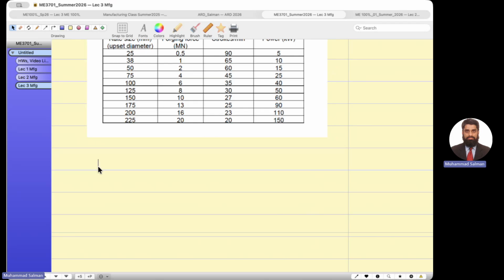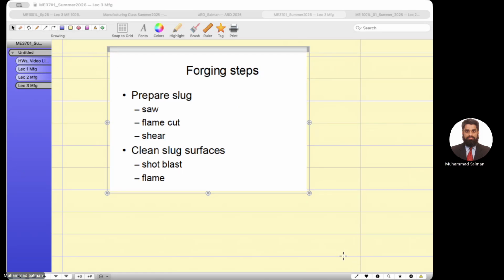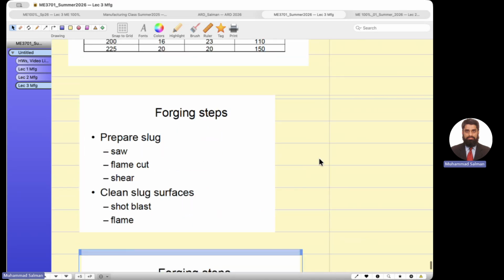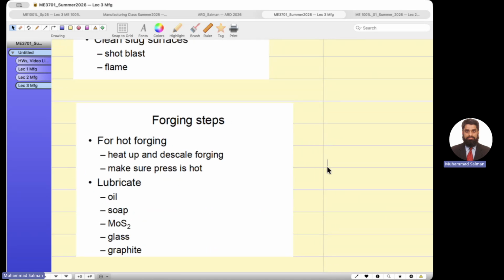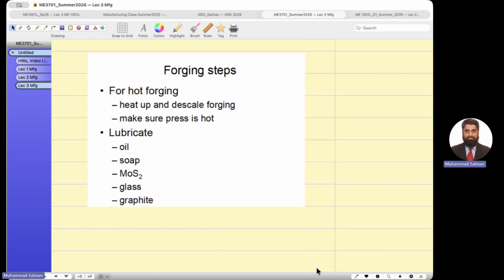So what are the forging steps? First, you prepare the slug. The slug is the material being forged. You either saw it, flame cut it, or shear it, and clean the slug surfaces, with shot blast or flame. You clean it off, and then you put it into the press. After you prepare the slug, you bring it into the die, open die or closed die. For hot forging, heat up and descale the forging, and make sure the press is hot.